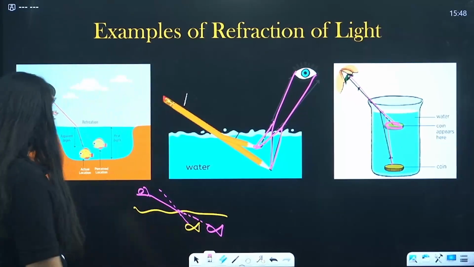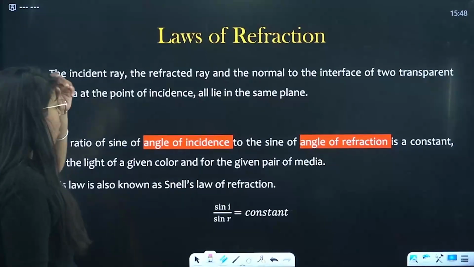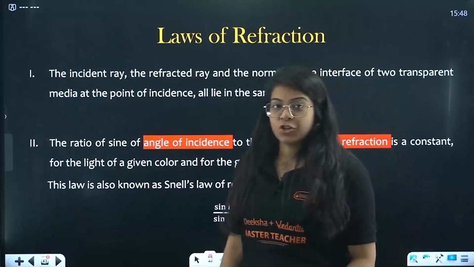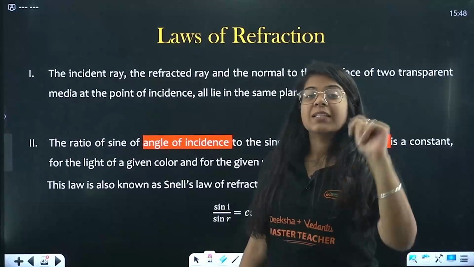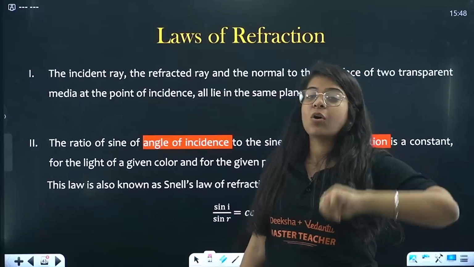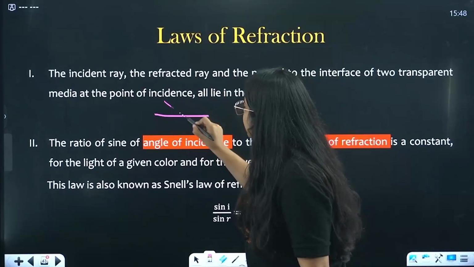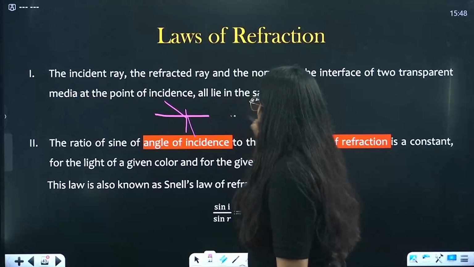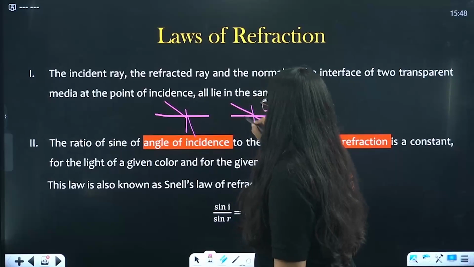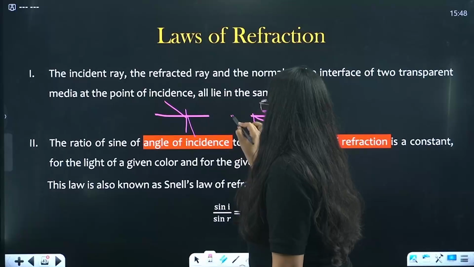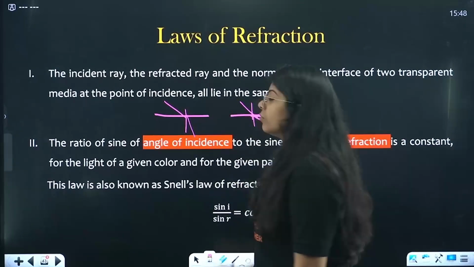Okay, next beta, we will have laws of refraction, just like we had laws of reflection. Remember the second law there: the incident ray, the reflected ray and the normal all lie in the same plane. Now here we have a diagram something like this: rarer to denser, and this is denser to rarer.